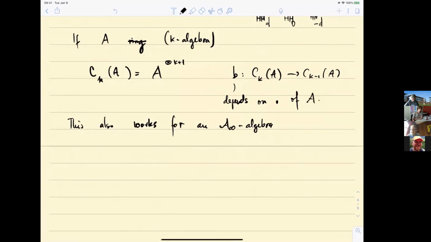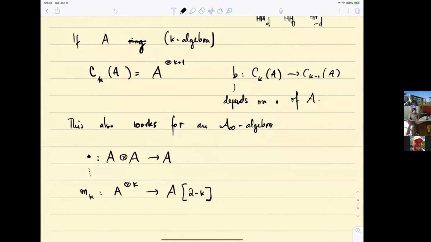where an A infinity algebra is very much like a K algebra, except that instead of just having one multiplication, which was going from A tensor A to A, that's what characterized the K algebra, this guy has more operations. So it has some operations called m_k, which themselves take k inputs and go back to A, and they have degree 2 minus k.